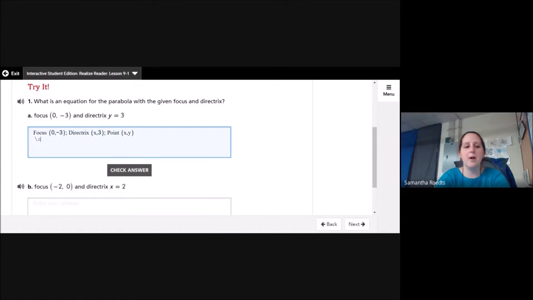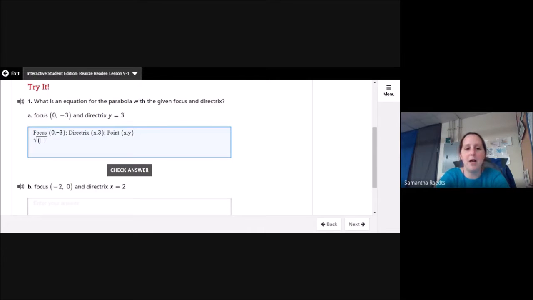Now I'm going to use the distance formula, which is taking two points, subtracting the x coordinates, squaring, plus the y coordinates of the two points, squared.